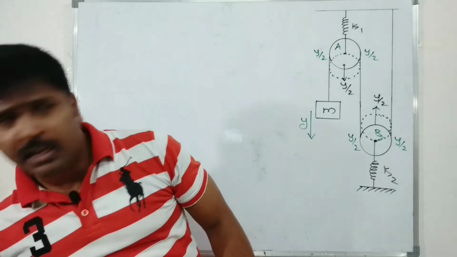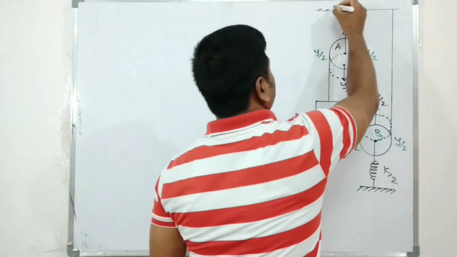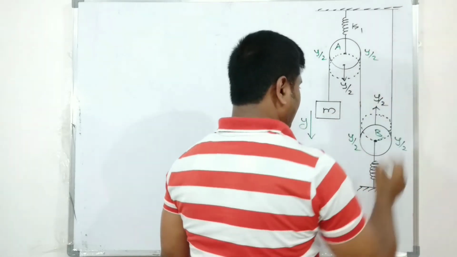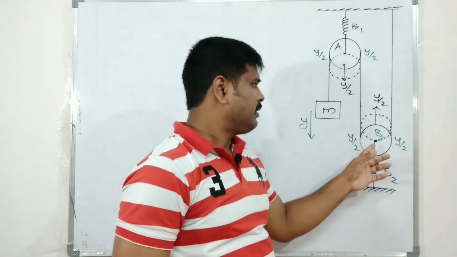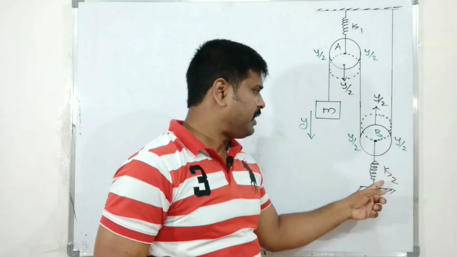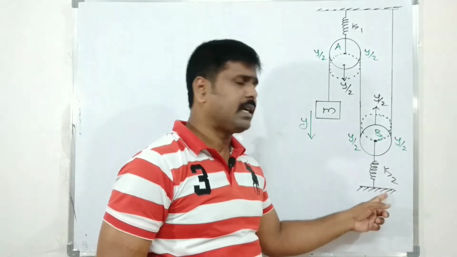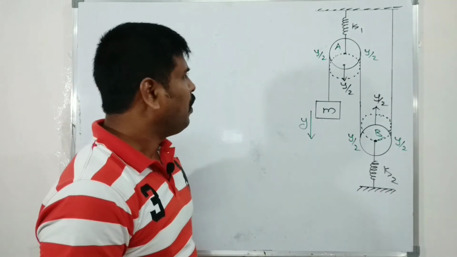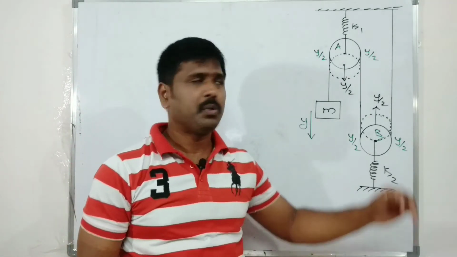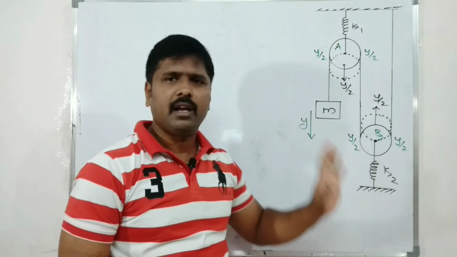This is connecting to the rigid support. Here also is another rigid support, and the second pulley has a spring of force constant K2, which is connecting to the rigid support. So the force developed in the springs we have to find for K1 and also K2.